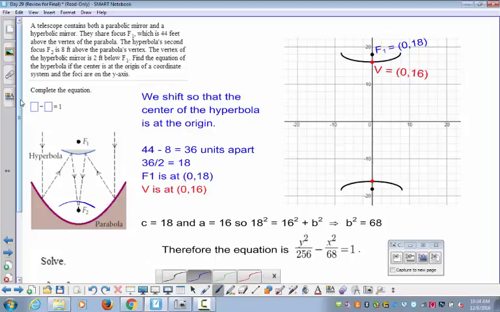If that's to the focus, that's c squared. So 18 squared has to equal the sum of the denominators. What's under the y's is 16 squared, because that's where the vertex is. We're going up and down from the center 16, so under the y's we put 16 squared. To figure out what goes under the x's, we said 18 squared equals 16 squared plus b squared. B squared is 68, and that goes under there.